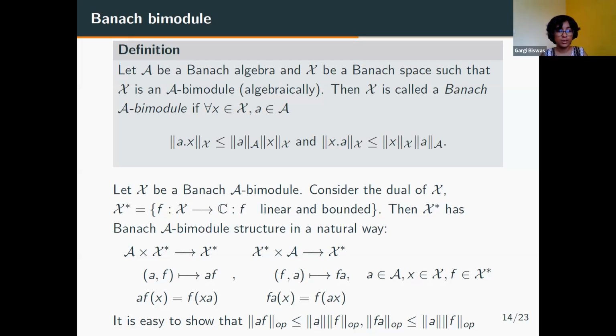It's also easy to show that X* is a Banach space with respect to the operator norm, and we can show that the operator norm of a·f is less than or equal to norm a times norm f, and the same for the other direction. So indeed X* becomes a Banach A-bimodule if X is a Banach A-bimodule.